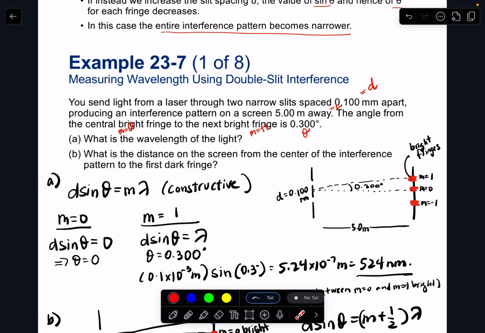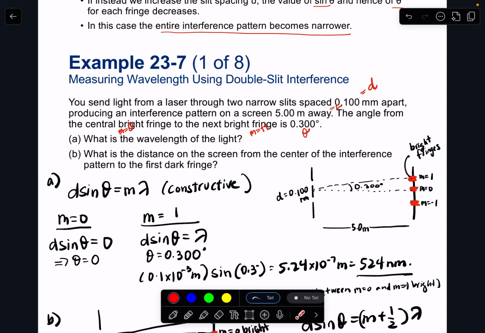Part B, what is the distance on the screen from the center of the interference pattern to the first dark fringe? Okay, so the distance that we're looking for is going to be from this point right here to wherever the first dark fringe occurs, okay?